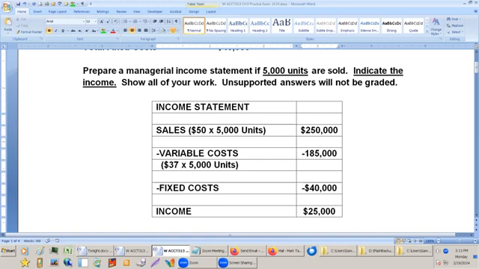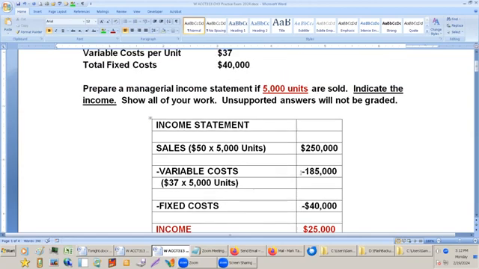Okay, so this first one is basically, here's how many we sold, and figure out what the income would be. And again, we're not trying to find the break even here. We already know how many units we have. Break even means you don't know how many units you're going to need. But in this case, they tell us we sold 5,000 units.